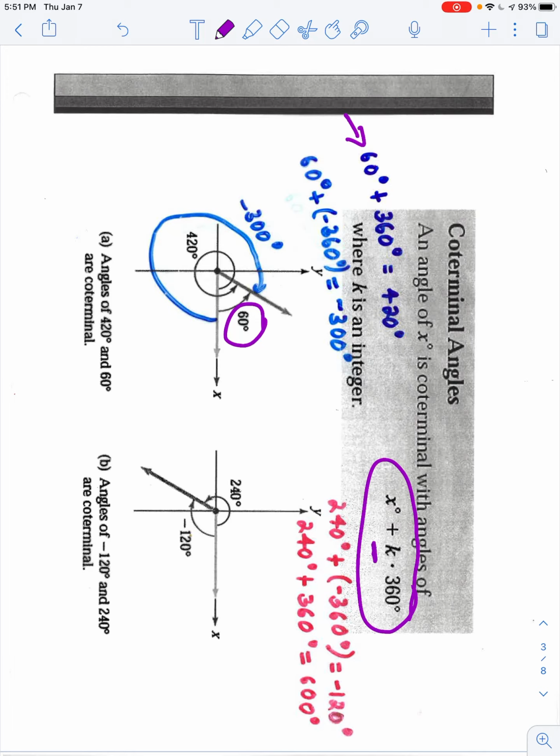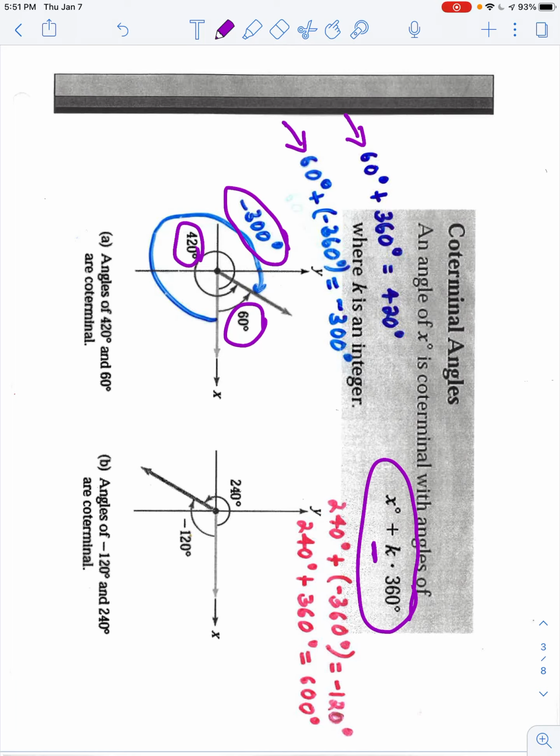On the other hand, if I add a negative 360, I'm going to go clockwise, and I'm going to end up at the same terminal side. So I actually have 3 angles that all share the same initial and terminal side. And those are 60 degrees, 420 degrees, and negative 300 degrees. And it's just easy because all you do is add and subtract multiples of 360.